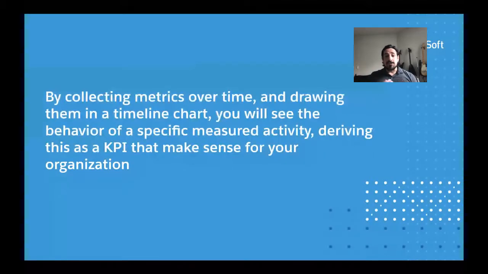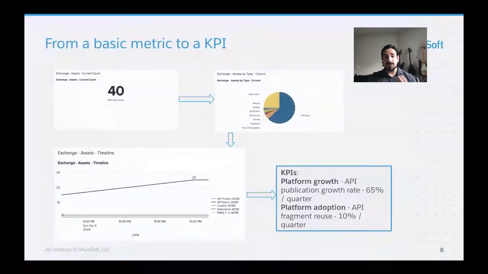By collecting these metrics over time, as I mentioned before, and drawing them in a timeline chart, you will see the behavior of these specific activities, right? And you can create KPIs that make sense for your organization. So the metrics framework helps you do that.